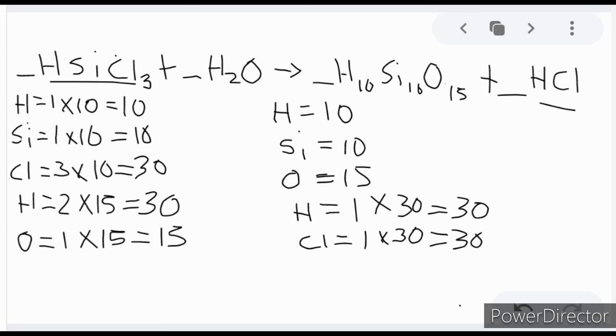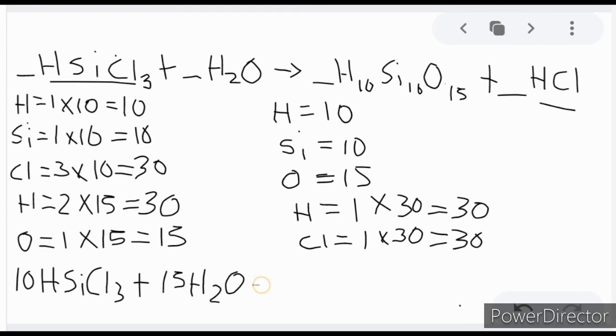So what we need to do next is simply write the chemical equation. So we have 10HSiCl3 because we multiply 10 on that, plus, since we multiply 15, we write 15H2O. Then it yields, because we don't multiply anything on this, we write what we see: H10Si10O15.